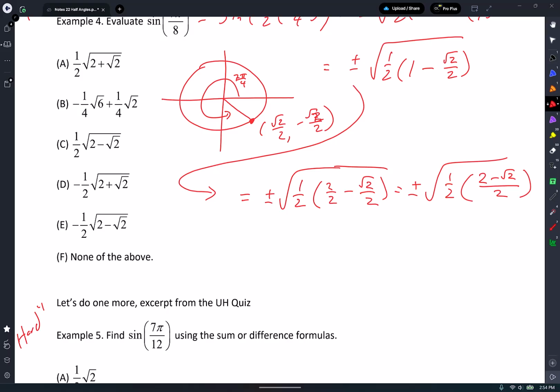What is 2 times 2? So here's what I have. 2 minus square root of 2 over 4. Law of exponents, plus minus, numerator, square root of 2 minus square root of 2 over denominator, square root of 4.